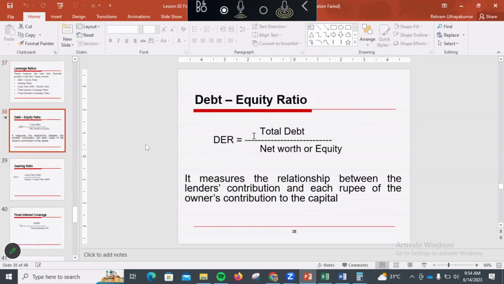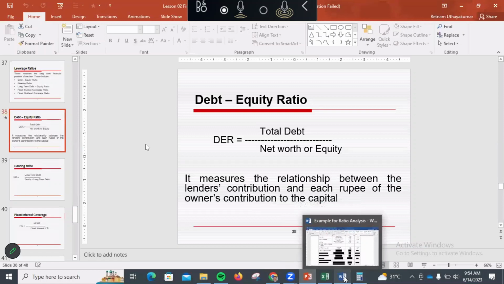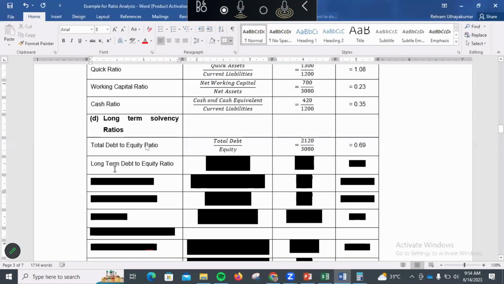Simply, you can have different versions of this debt equity ratio. So you can define the formula like this: long-term debt over equity.